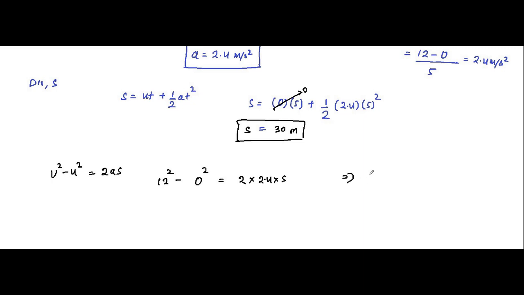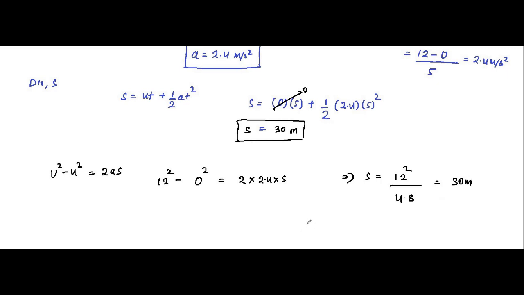That implies s is equal to 12 square by 4.8, that is 2 into 2.4. That is coming around 30 meters.